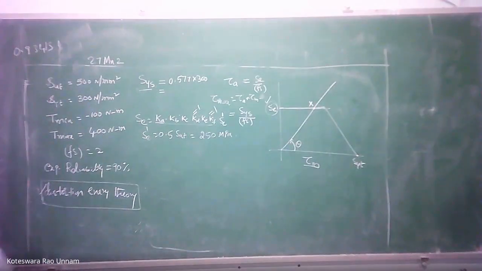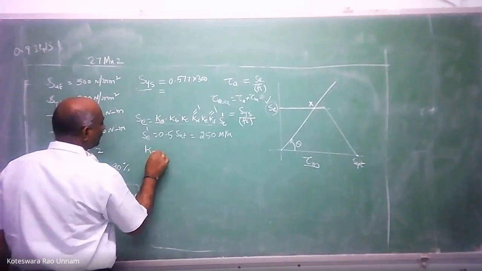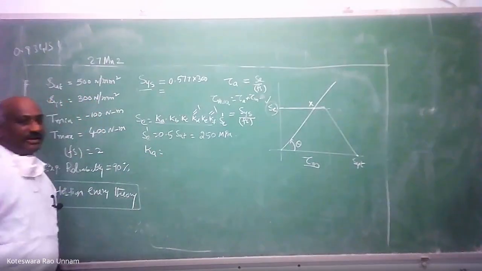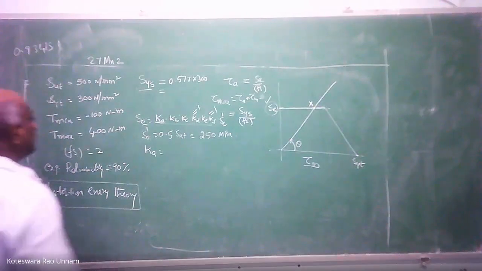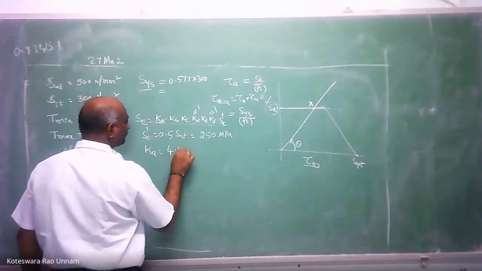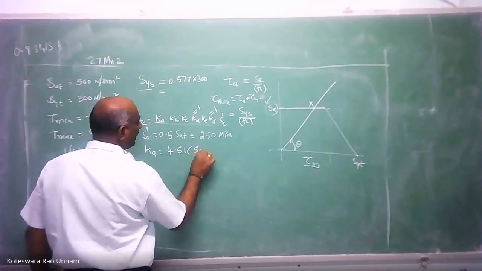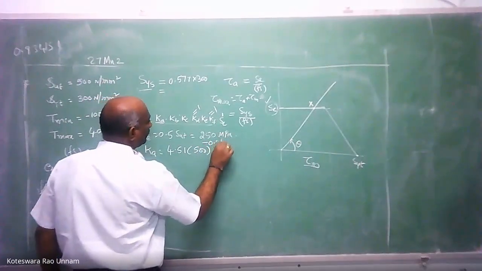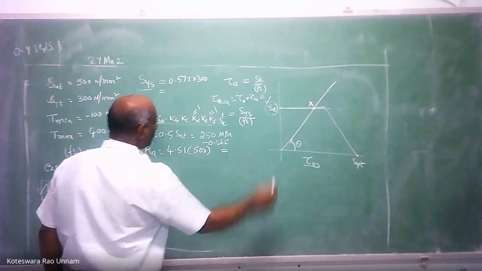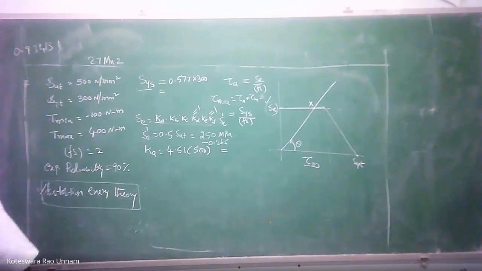Then Ka is nothing but A into SUT to the power B. In case of cold drawn, A is 4.51, SUT given as 500, to the power minus 0.265. If you compute this, you will get your Ka as 0.8.